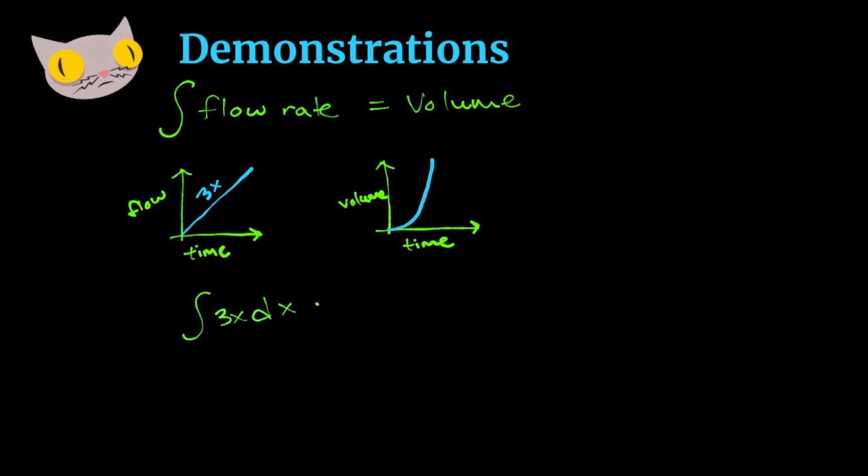And just like before with the triangle, we're going to get a volume of 3x squared over 2 plus our constant of integration. And we see that plus c again. Maybe the tank had water in it before we started measuring the volume. The flow rate still increases volume by the same amount. So we see the constant can be important to remember. It could be a crucial detail.